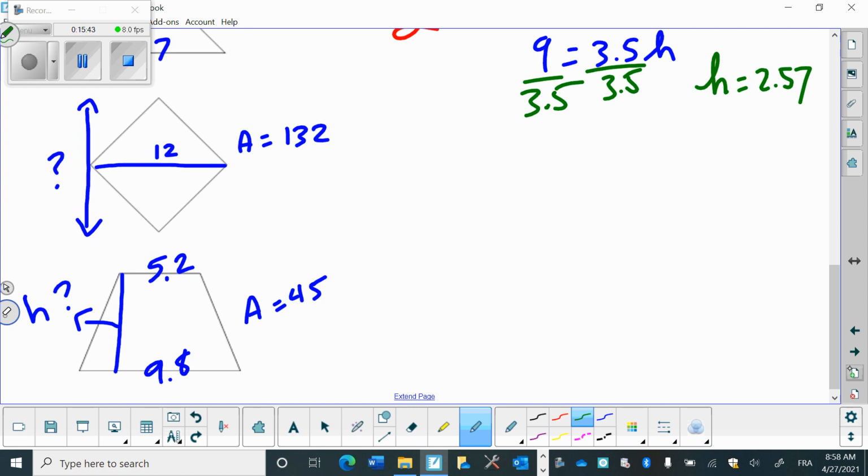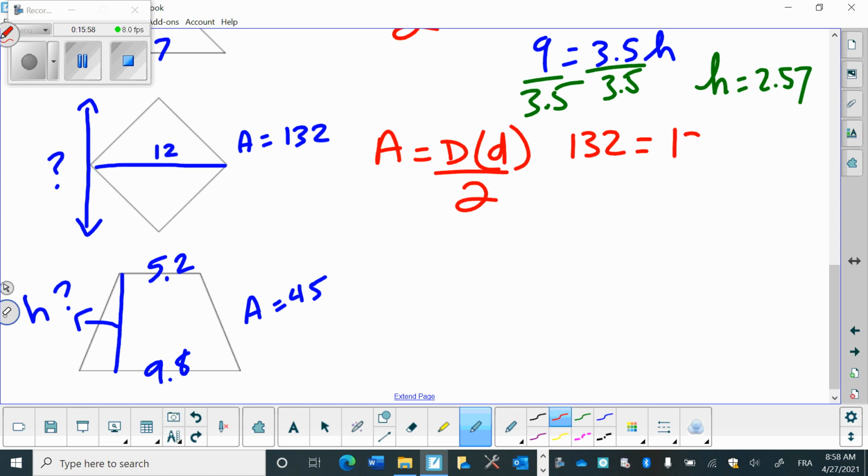Rhombus or kite, same formula, right? So let's go write that formula down. Diagonal times diagonal divided by 2. Fill it in, 132. And I have one diagonal is 12. The other one, doesn't really matter which one is which because they're both just going to be multiplied. And so same thing as my triangle, right?